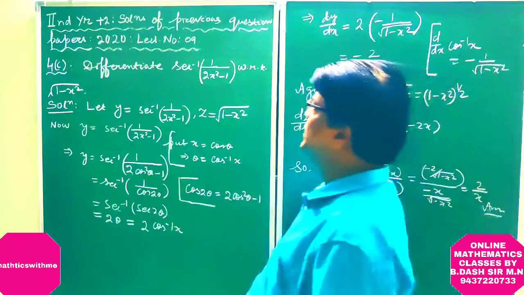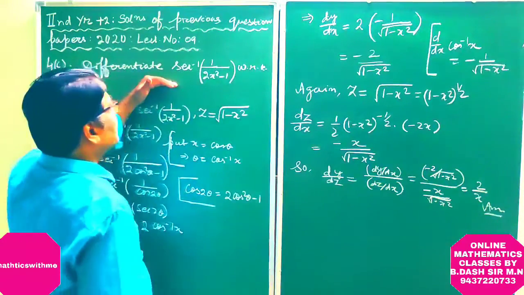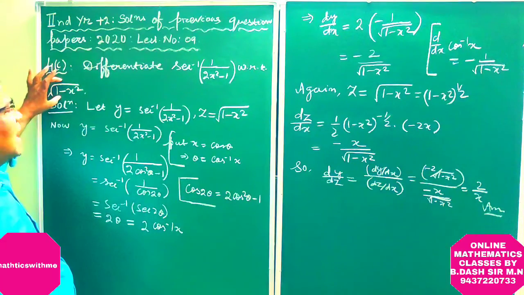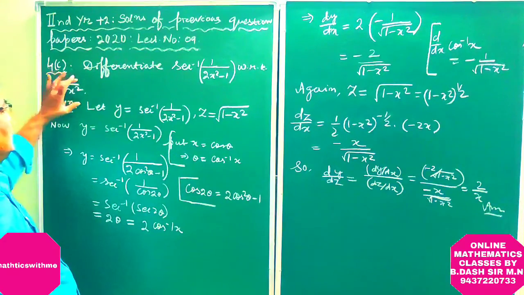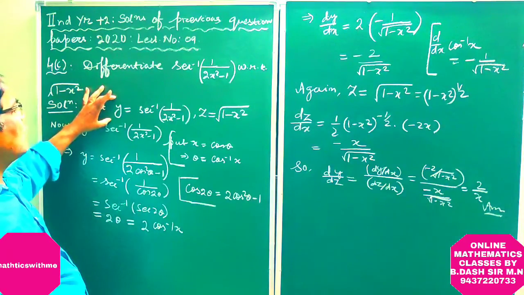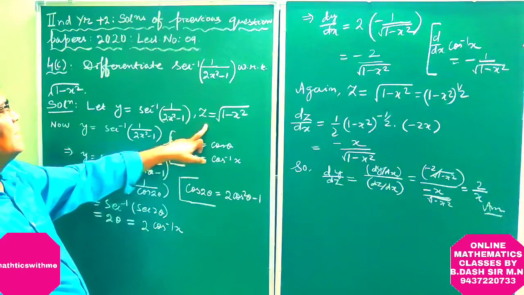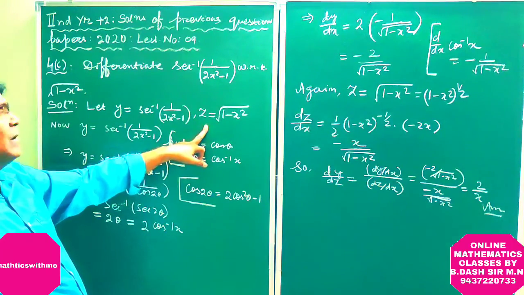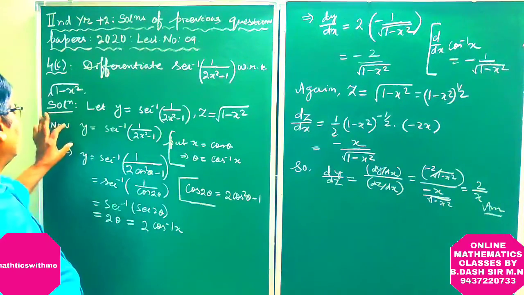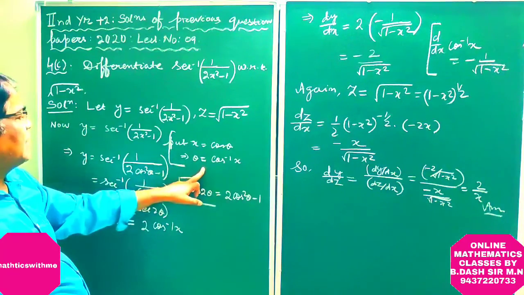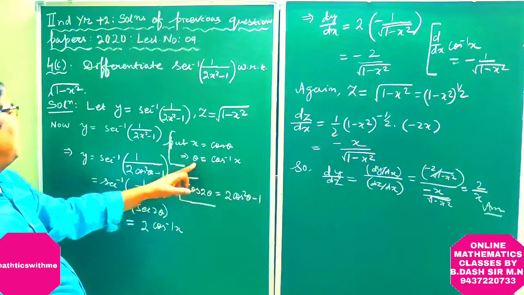Here we have to differentiate sec inverse of 1 by (2x² minus 1) with respect to √(1 minus x²). So let us take y is equal to sec inverse of 1 by (2x² minus 1), z is equal to √(1 minus x²). Putting x is equal to cos theta, we get theta is equal to cos inverse of x.